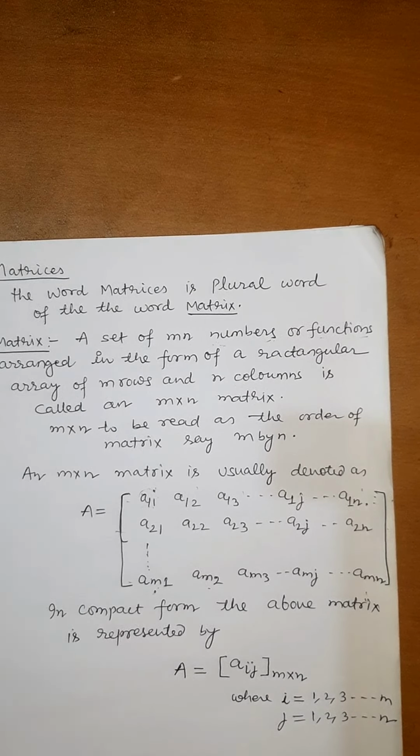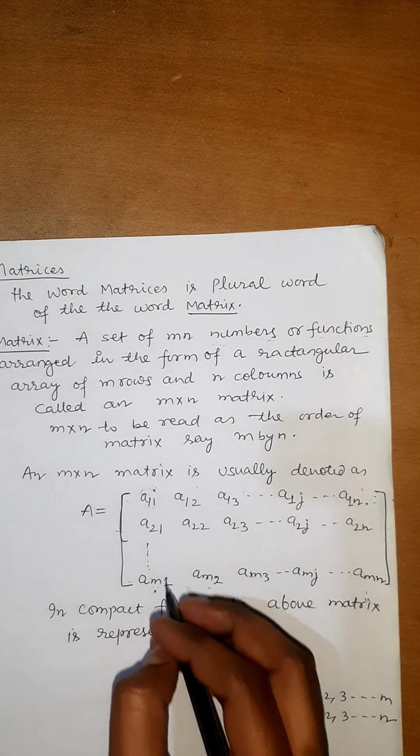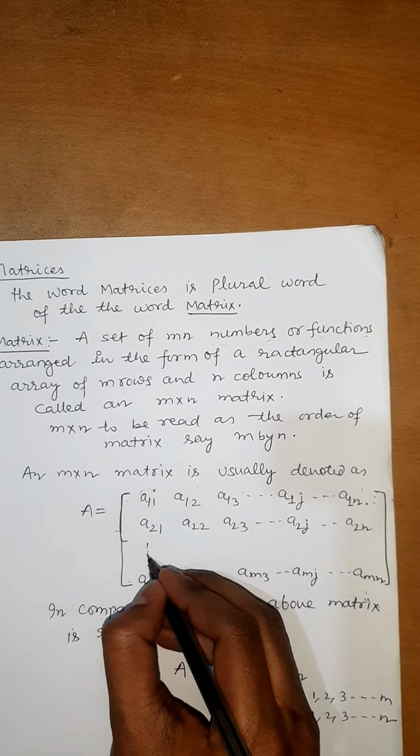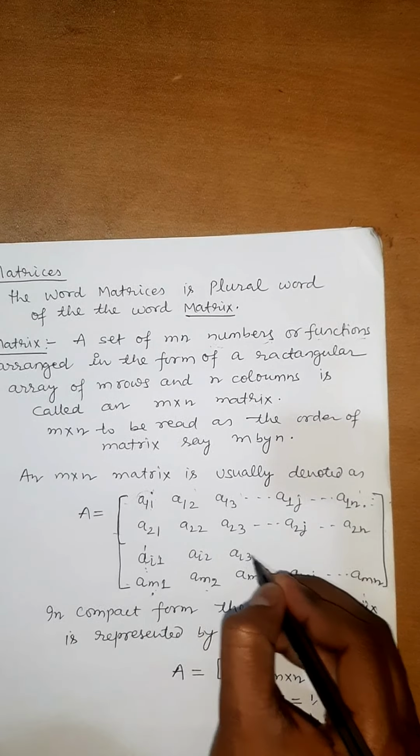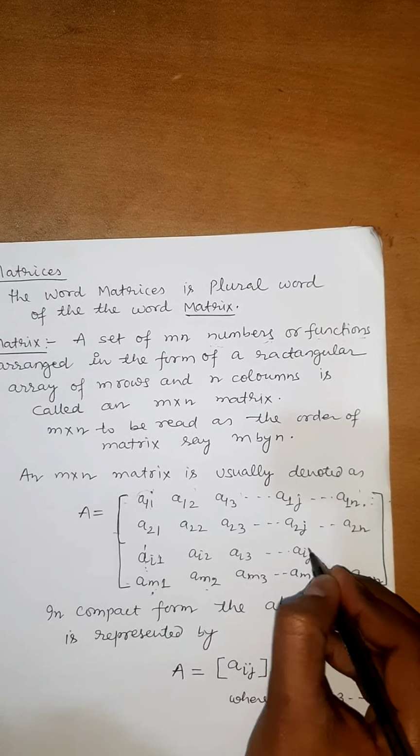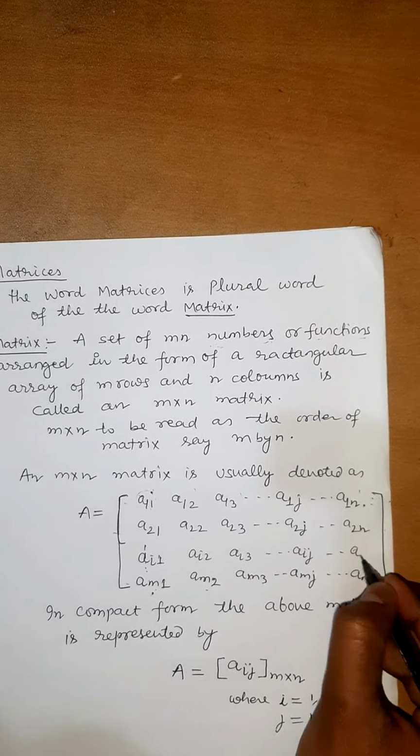Simply we can arrange an element in terms of i. So this element we can say Ai1, Ai2 and Ai3 and so on, Aij and so on, Ain.